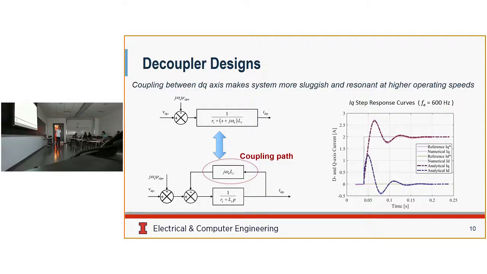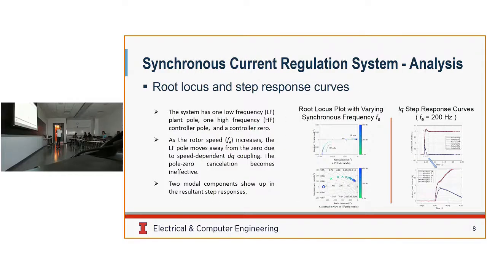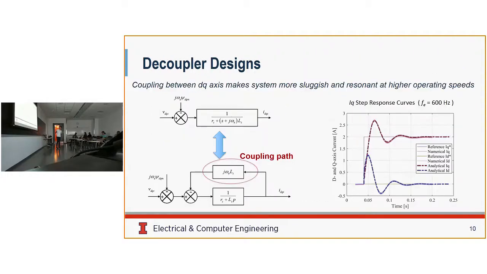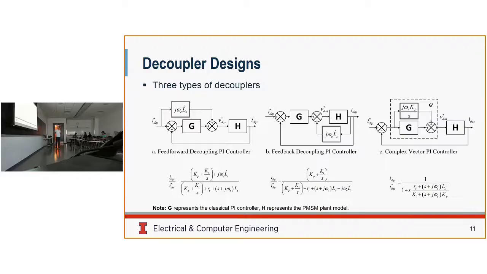This picture shows the response at a synchronous frequency of 600 Hertz compared to the response at 200 Hertz. We can see that a higher percentage overshoot and a higher rise time show up because of the higher fundamental frequency.